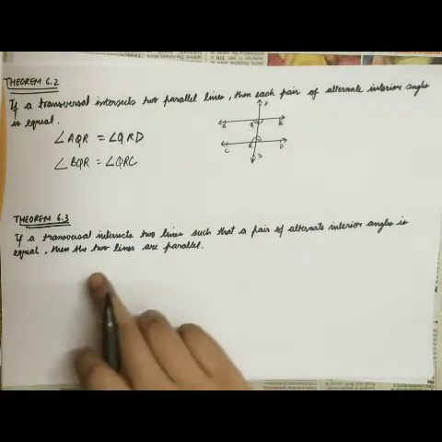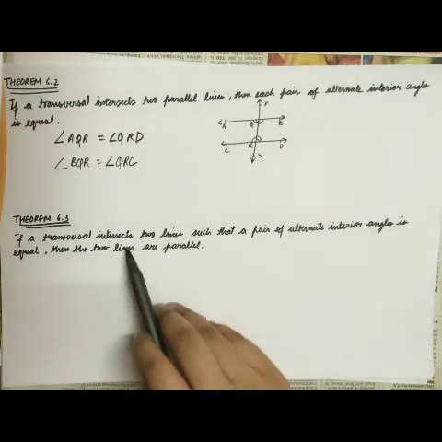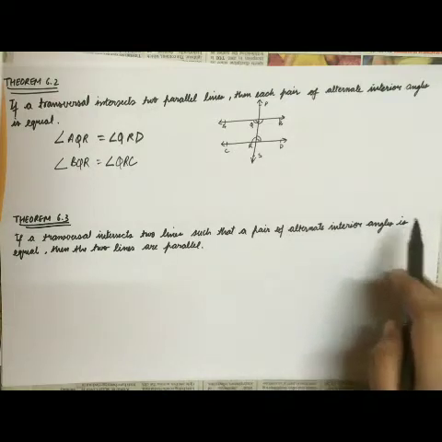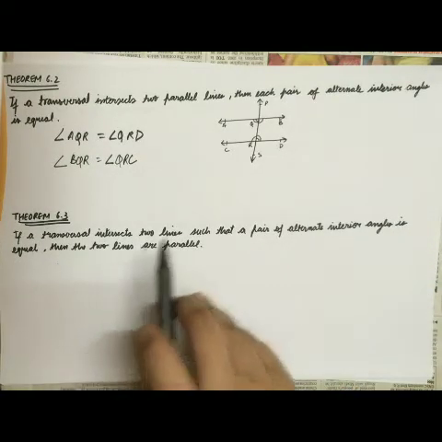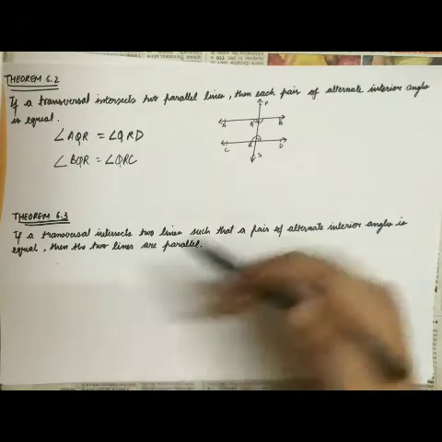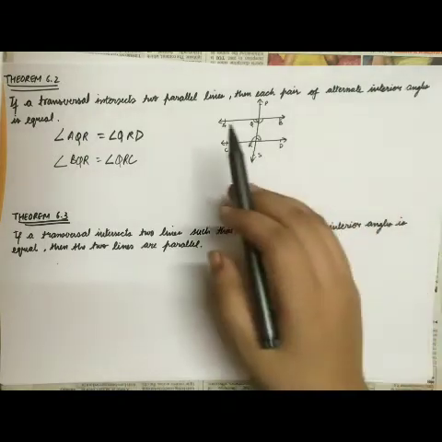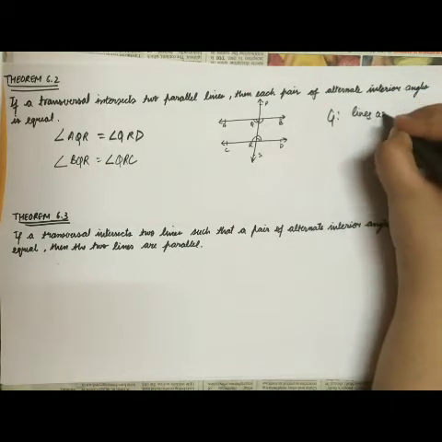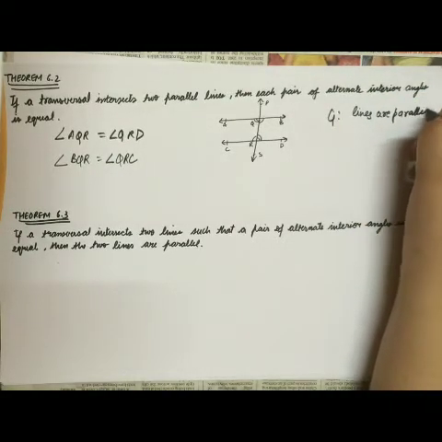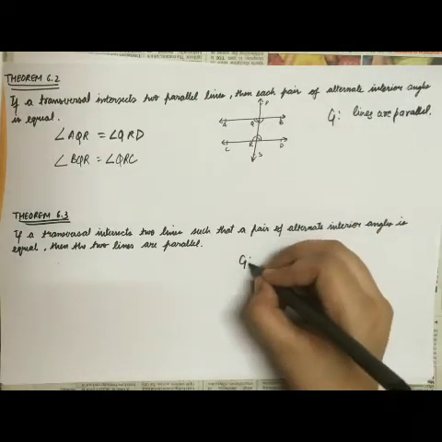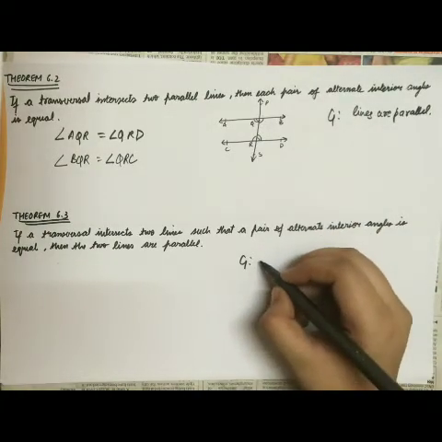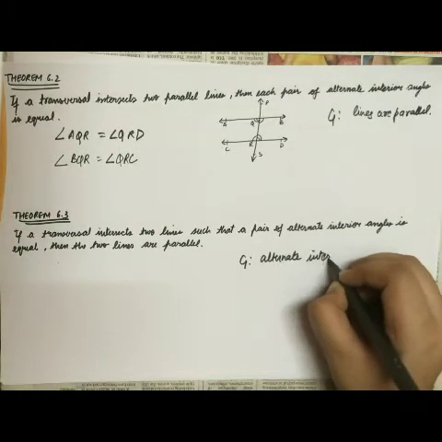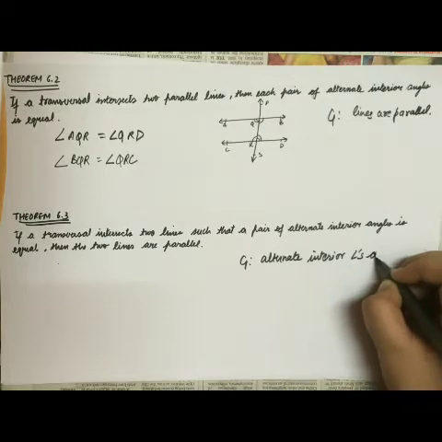And the next theorem is if a transversal intersects two lines such that a pair of alternate interior angles is equal, then the two lines are parallel. This is basically the converse of the previous one. In that one we were given that the lines are parallel, and now in this we are given that alternate interior angles are equal.